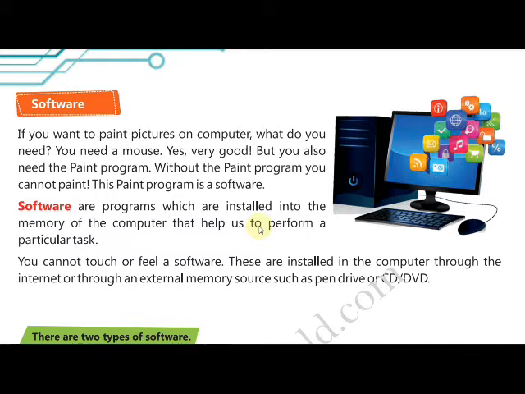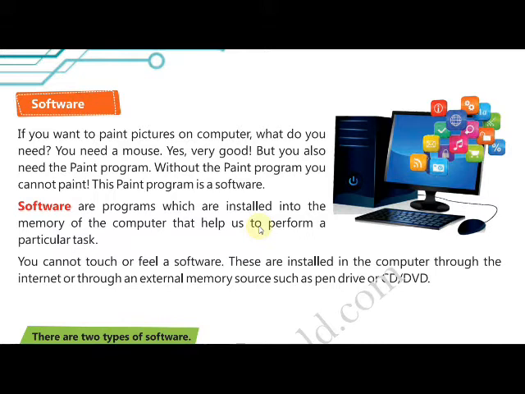Actually, a software is a collection of programs in which programs are linked together to play a particular role. Like in the paint program or in paint software, different programs are linked. Like the pencil program, it will help you to draw a picture outline.